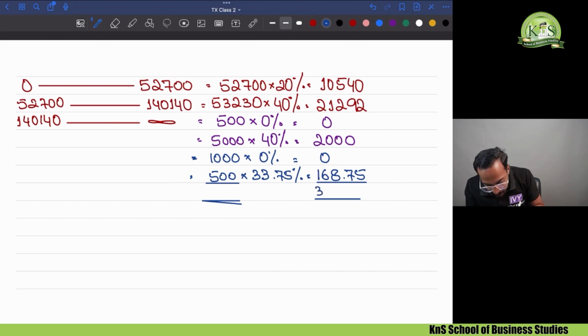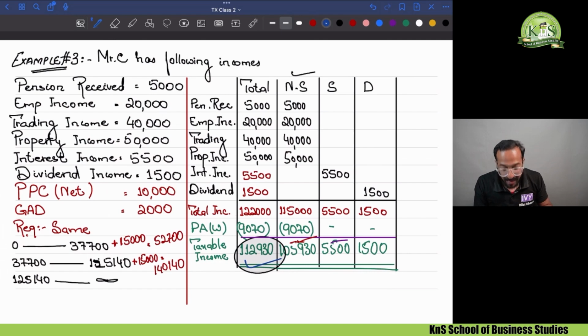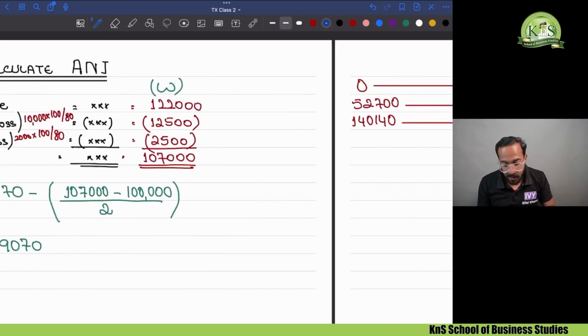It is giving me the answer 34,007.5. 52,700 plus 53,230 plus 500 plus 5,000 plus 1,500 is 112,930. This has to be equal to this amount. That's the equal amount, which means you have applied tax on all taxable income.